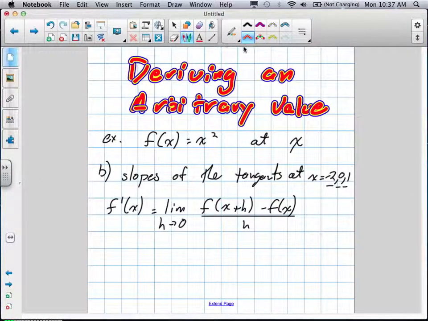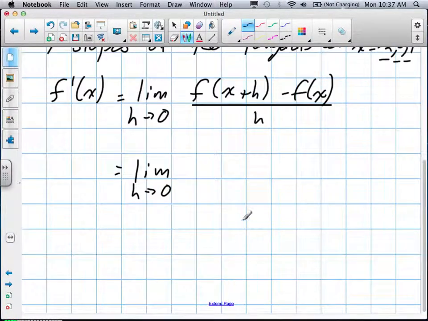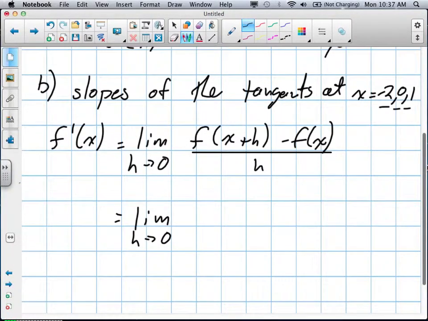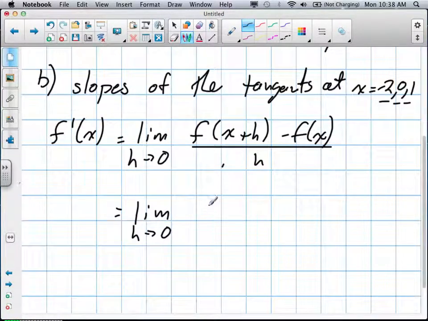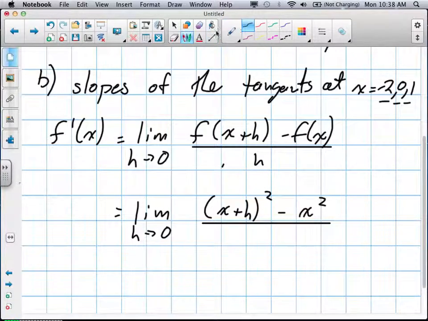We're going to now expand and simplify when putting in this function. So our limit as h approaches 0 again. Remember, our function was x squared. So our first part is going to become x plus h squared minus x squared, divided by h. We're going to expand and simplify that bracket.